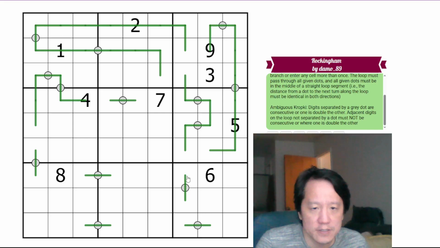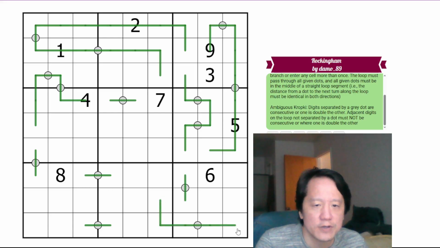This cannot connect to this because if it did, this has to go 1, 2, 3 before it turns. So this cannot go straight there. That means this can't go straight here. This must turn in either this direction or this way. That means this can't turn here, so this must go straight here.